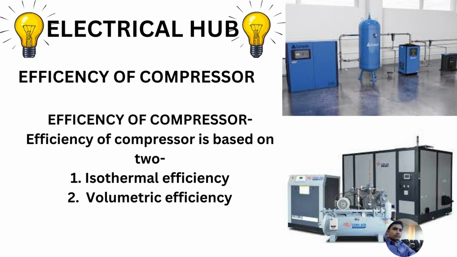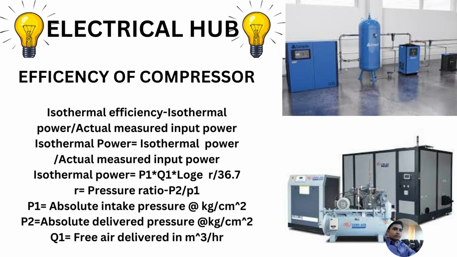Efficiency of compressor is based on two processes. First is the isothermal efficiency and the second one is the volumetric efficiency. Isothermal efficiency is equal to the isothermal power divided by actual measured input power. So actual measured input power you will get from the kilowatt reading of the meter and the isothermal power is equal to P1 into Q1 into log e R by 36.7.